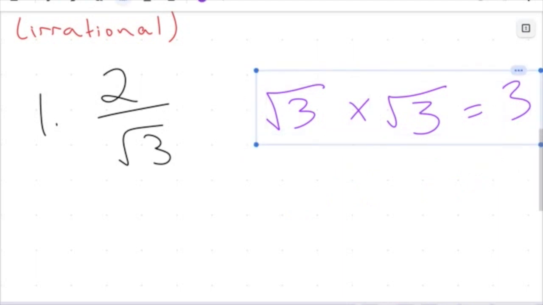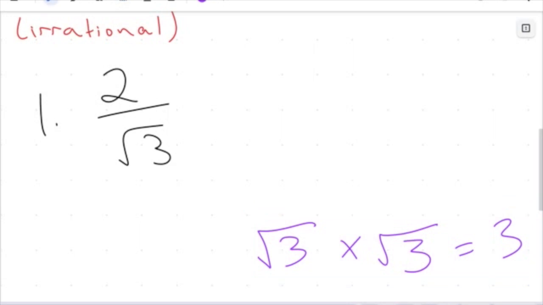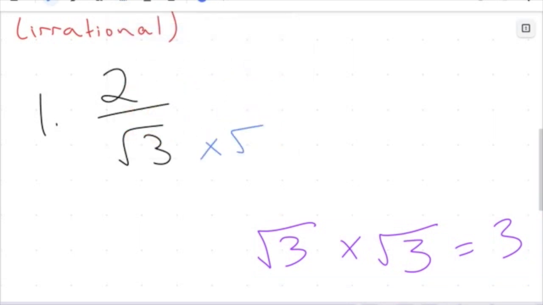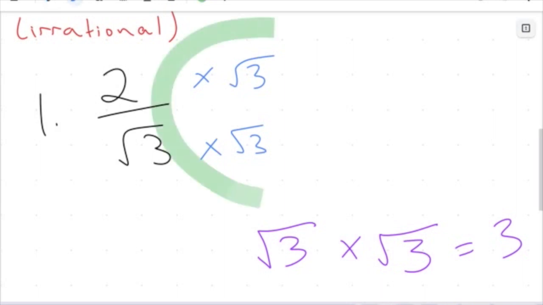let me bring it down here, I can make root 3 into a rational number by just multiplying it by root 3. And remember, we just can't do something to the denominator because this will just change the number entirely. To get an equivalent fraction, we have to do the same to the top as we do to the bottom, because this thing here is equivalent to multiplying by 1.